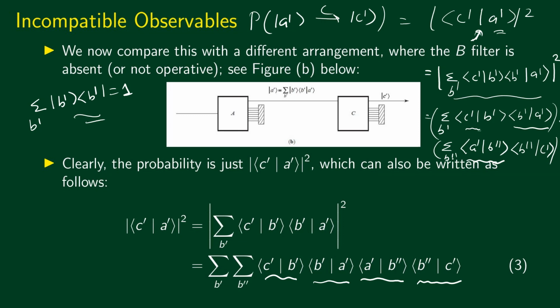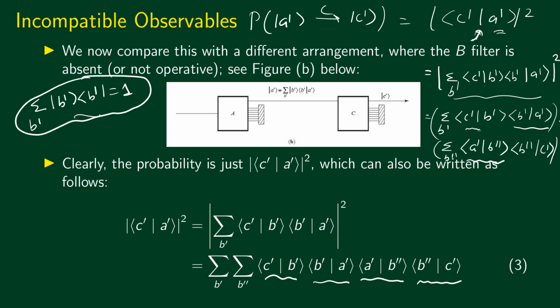All right. Remember that here we have not carried out a B measurement yet. So we don't carry out a B measurement in this case. In between, there's no B measurement. All right. We have just inserted the eigenkets of B using this completeness relation, right?